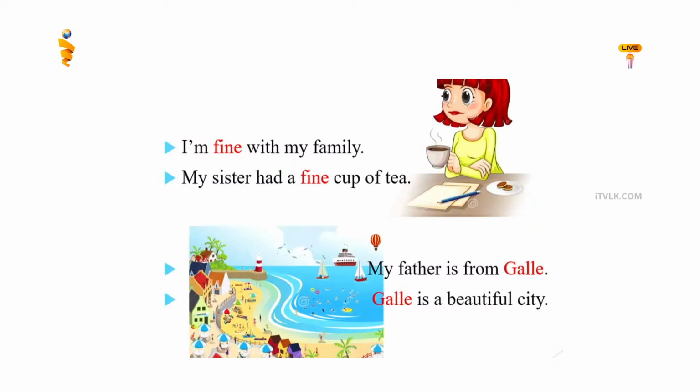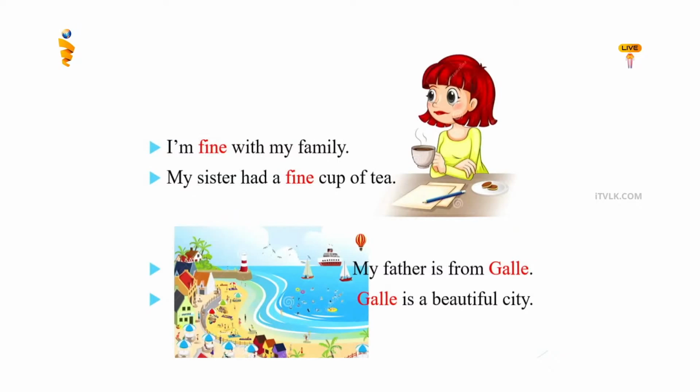Next word that I chose is gall. In Sinhala, you say Gal. But in English, you say Galle. In Tamil, we say Gali. But in English, we say Galle. We call the city Galle. My father is from Galle. Galle is a beautiful city.